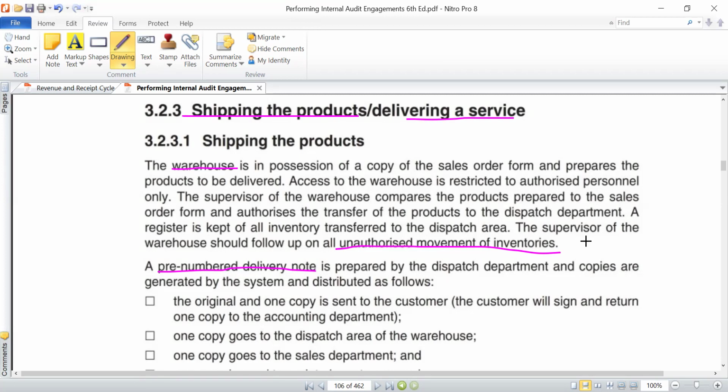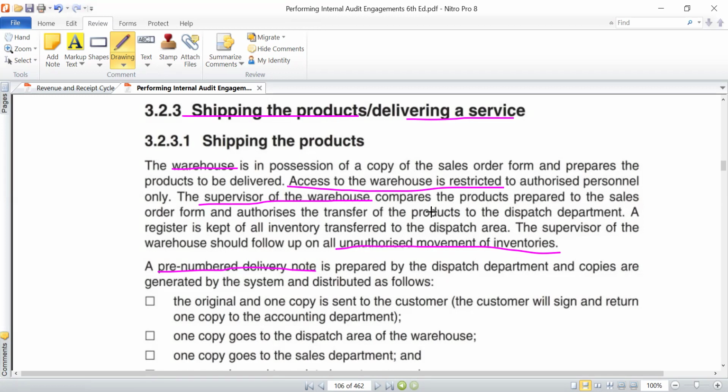So in the warehouse, we would see somebody in the capacity of a supervisor, or what they'll normally call the warehouse manager. This personnel is there to ensure that access to the warehouse is restricted only to authorized personnel, right?